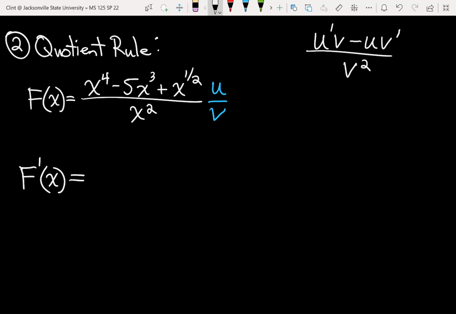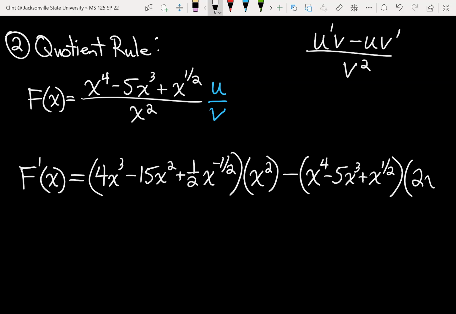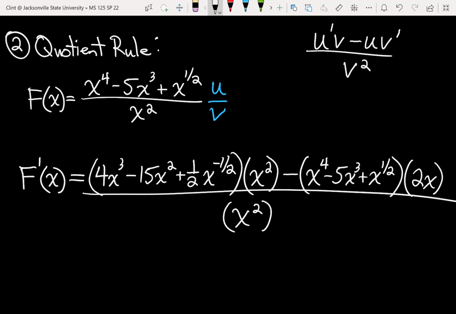So I need the derivative of the top, 4x cubed minus 15x squared plus 1/2 x to the negative 1/2, times the bottom, x squared, minus the top, we just copy it down, times the derivative of the bottom, 2x, over the bottom squared.